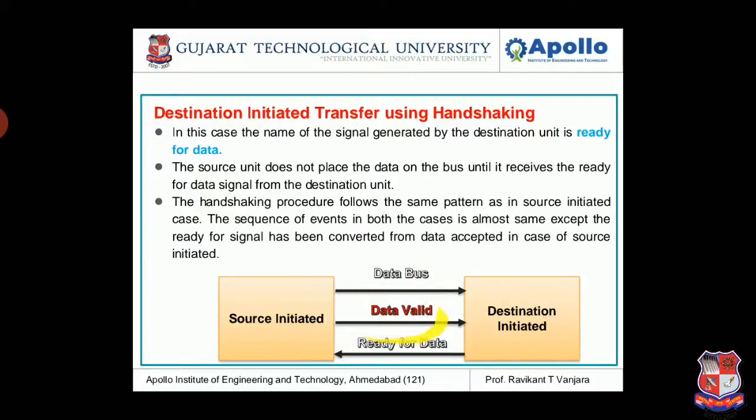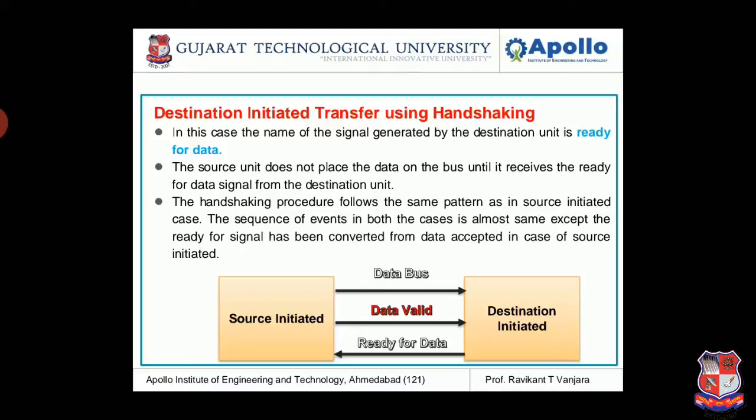This data valid signal informs the destination unit that the source unit has placed the data on the data bus. In the same manner, the source unit will remove data when the ready for data signal is disabled. The advantage here is that the destination unit is aware about the data being placed on the data bus by the source unit. This is how we can use destination initiated transfer using the handshaking mechanism to solve the problem of the stop control mechanism.